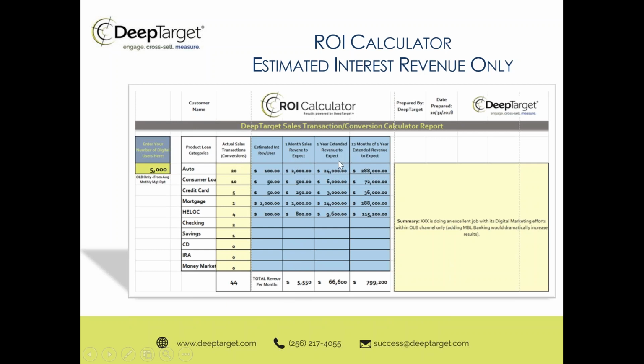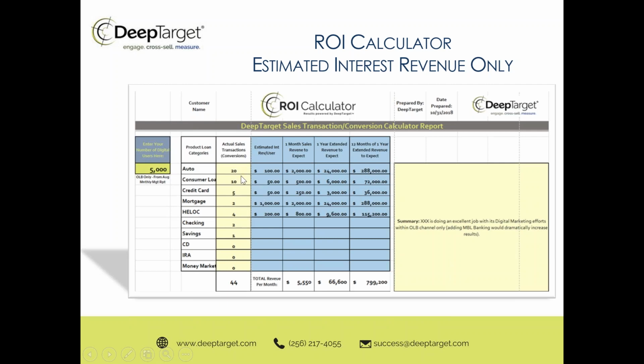The next column is most loans, most product loan categories extend for 12 months. Certainly auto loans do, credit card, and all of these do, okay? So we just multiply 12 times that 1 month result, and that shows you potentially have made $66,000 in revenue. This for a 12-month expectancy off that 1 month's worth of sales.